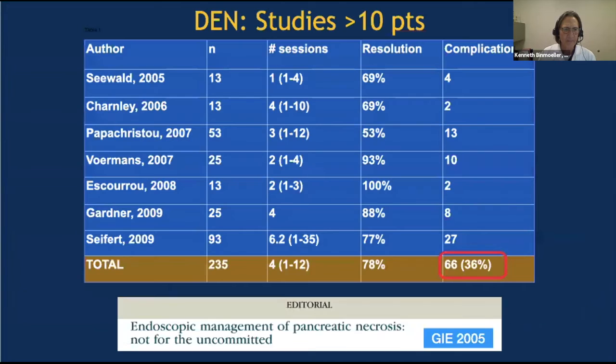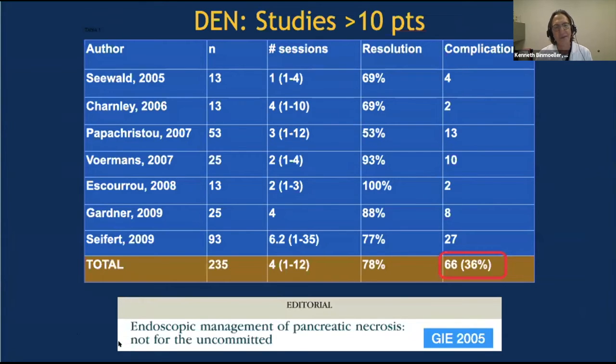And it's really no surprise, given these two significant challenges, that our major complication rate was 36% if we compiled several studies here with more than 10 patients enrolled, such that Dick Kozarek wrote an editorial. I love this editorial.